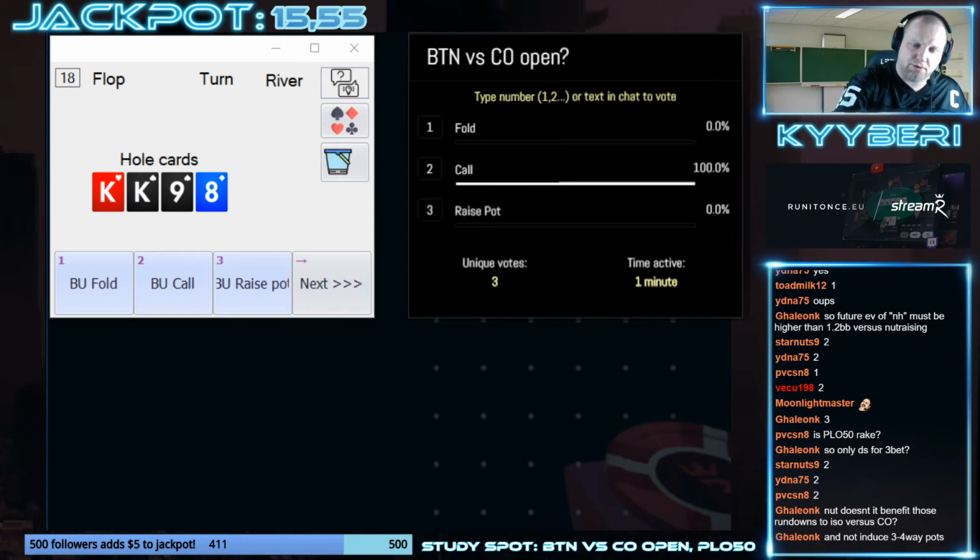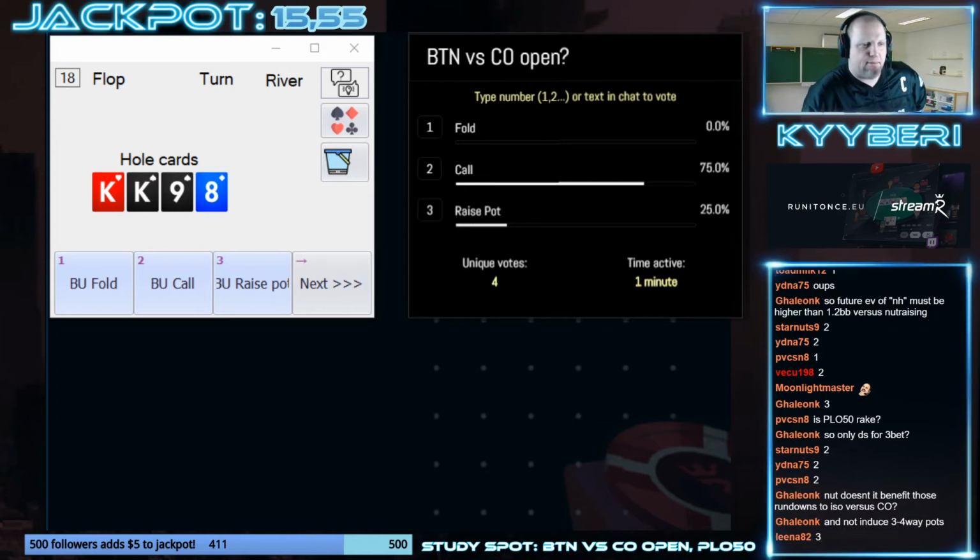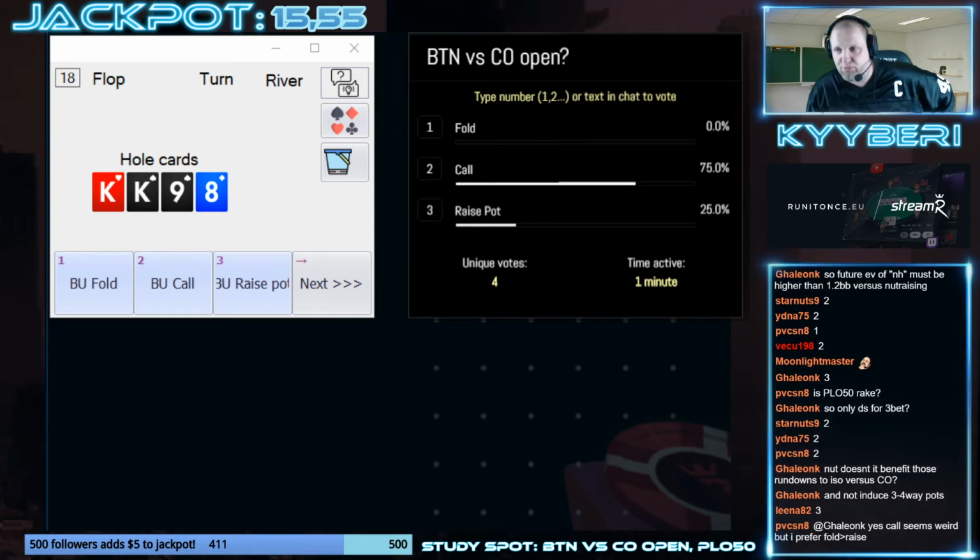Yeah, rundowns should benefit from isolating. One thing that doesn't work at pigeon stakes is isolation 3-bets. Because I think that almost every time I try to make a good old school isolation 3-bet, one of the blinds cold calls with weird hands.